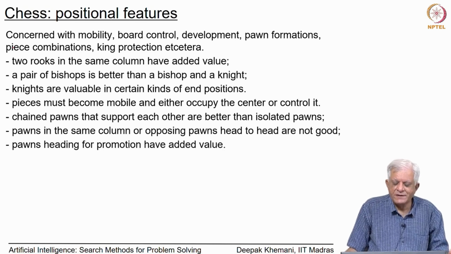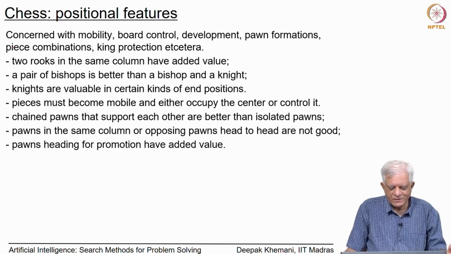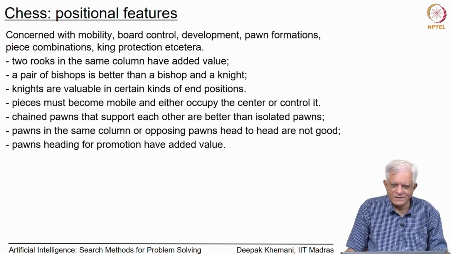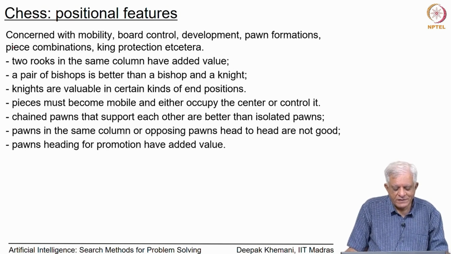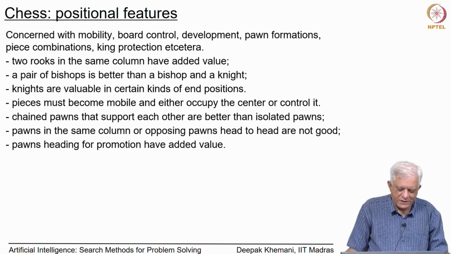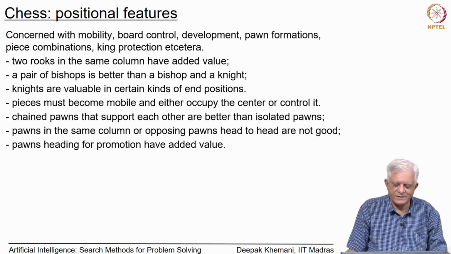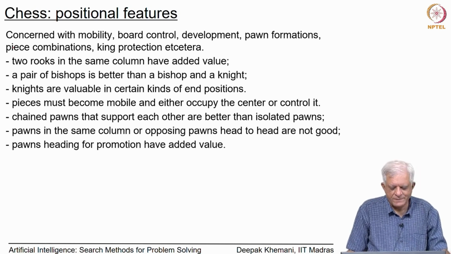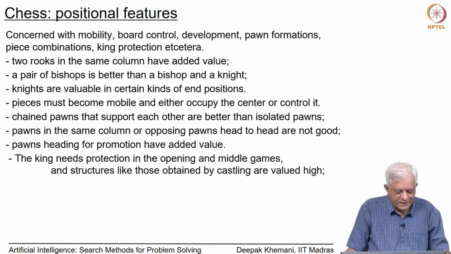If you remember the rules of chess, which we have not discussed but I hope you know, if a pawn reaches the last row, it can get promoted to any piece that the player chooses. Most often it is the queen, but in some peculiar cases it may be something else.